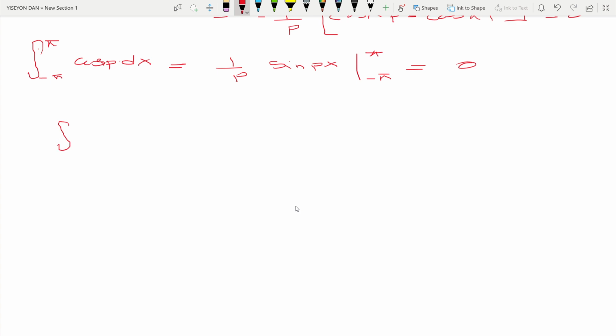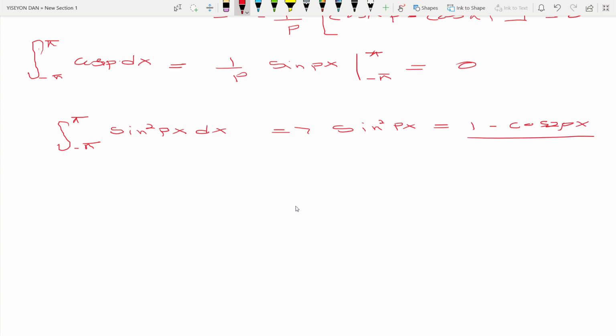The last one we have here is the integral from minus pi to pi of sine square px dx. Since we have the power of sine here, we recall our trigonometric identity that sine square px is the same thing as 1 minus cos 2px, all divided by 2.